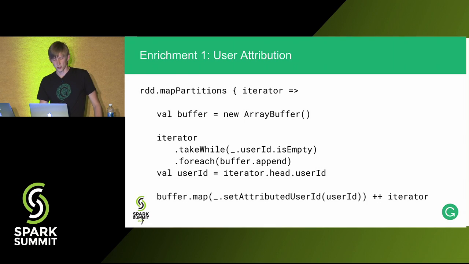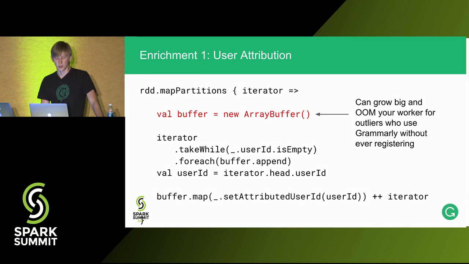And once we see the first event with user ID, we take this buffer, add this attributed user ID property to each of those events, and return an iterator over it as an output.